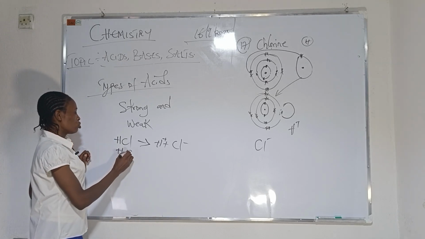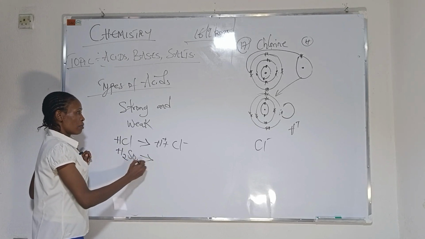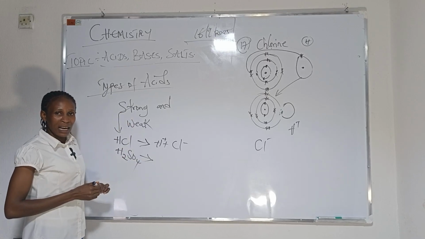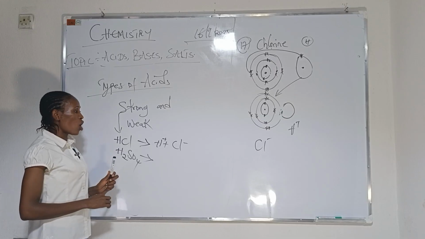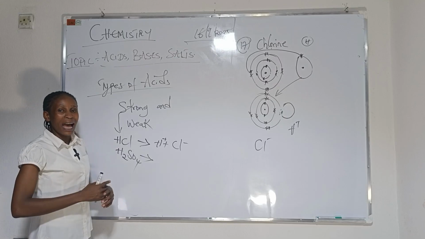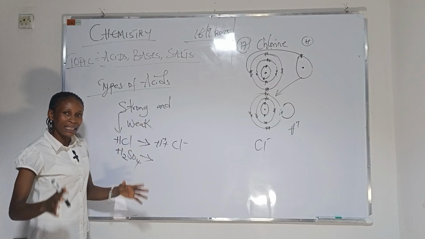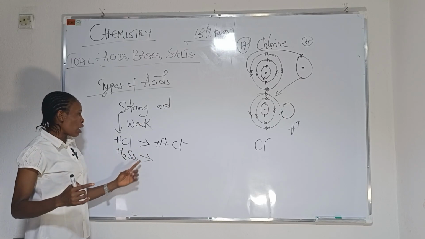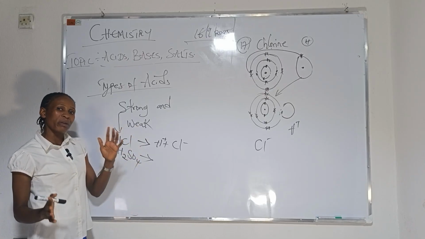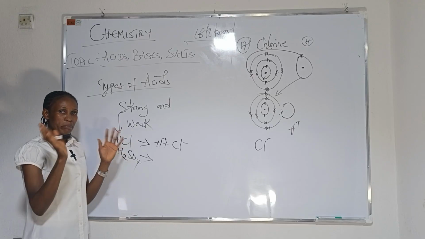I have H2XO4. Remember, I am giving you examples of strong acid. And one thing I have said about it is that all the hydrogen ions separate, or they ionize completely. When I do an example on this, you will understand what I mean by ionizing completely and some not being ionized, that is, partially.